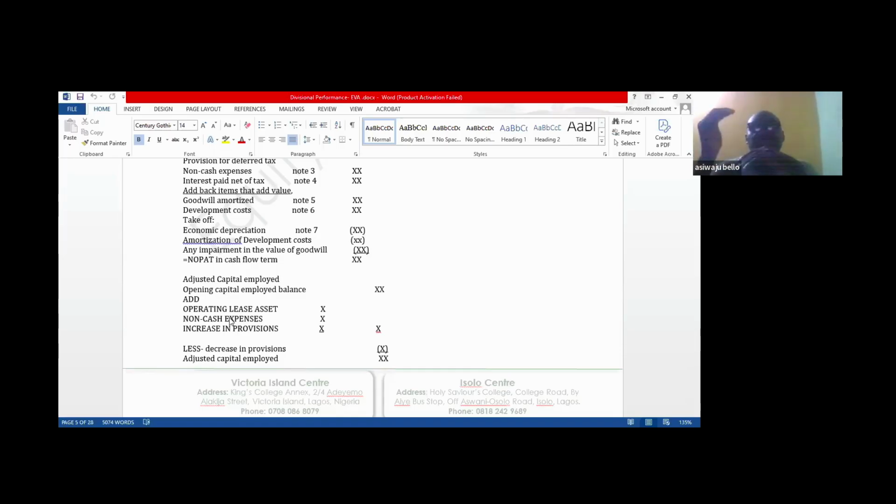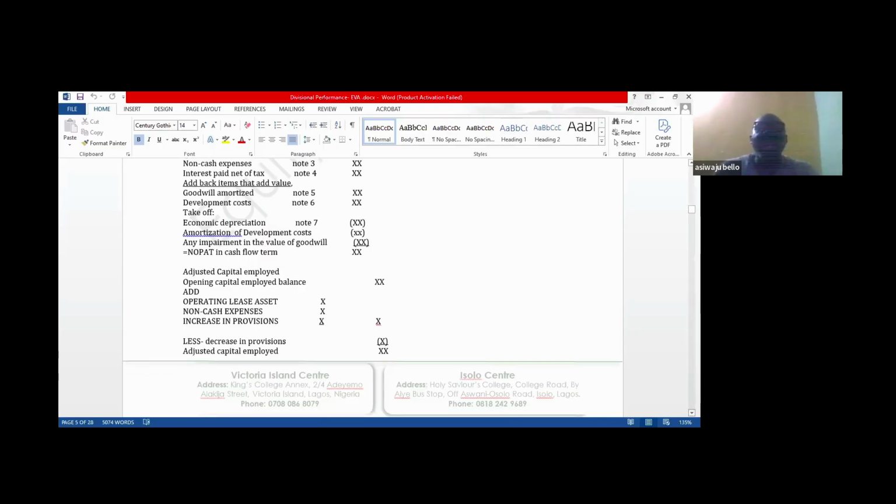Non-cash expenses should be added back. Increase in provisions will be added back. Then less decrease in provision. Your resulting figure is your adjusted capital employed.